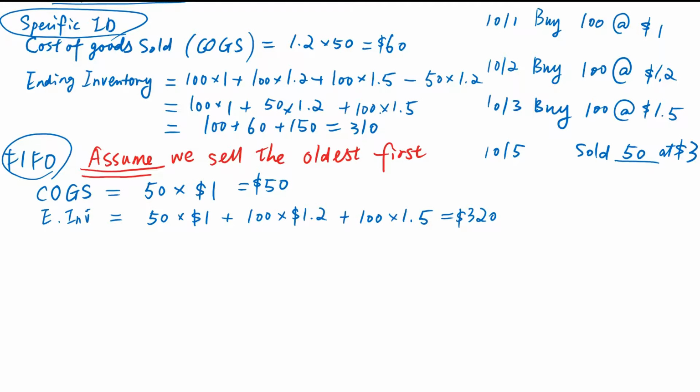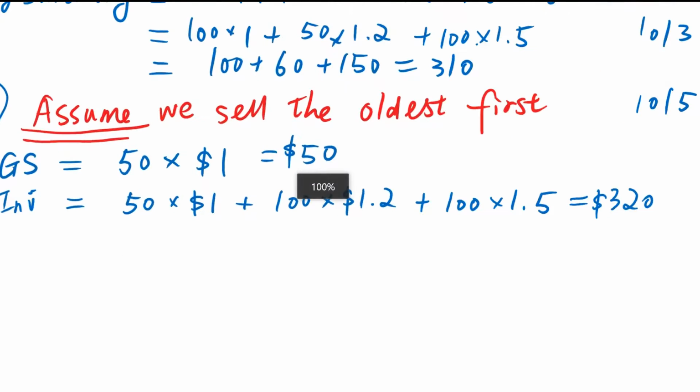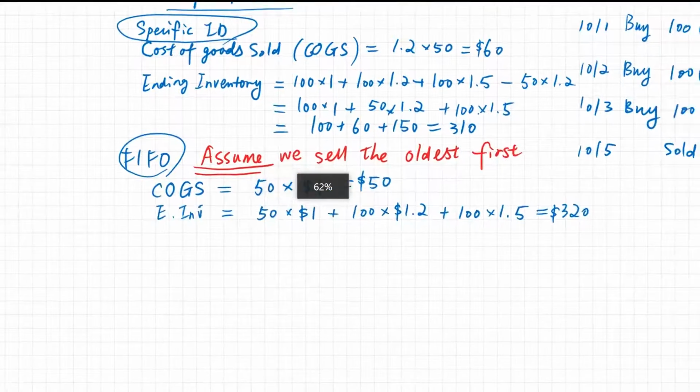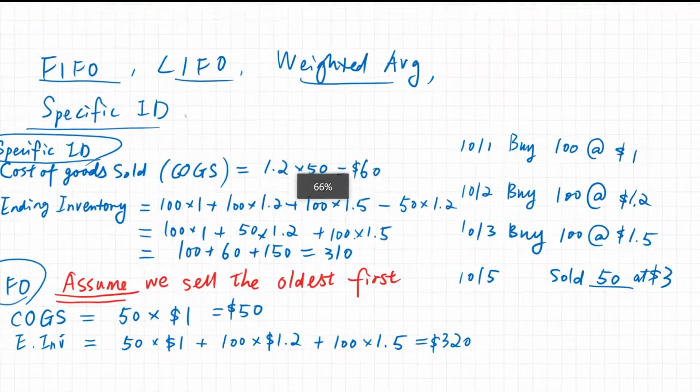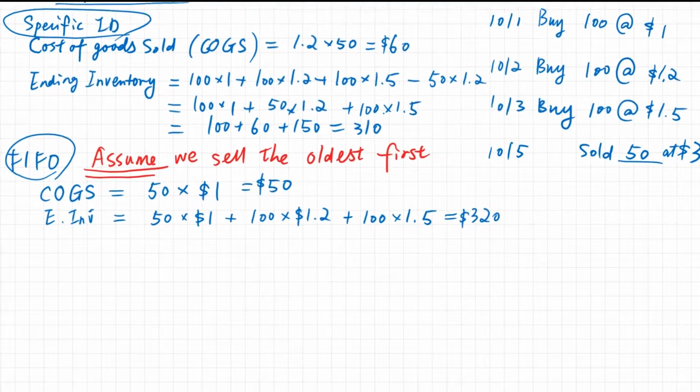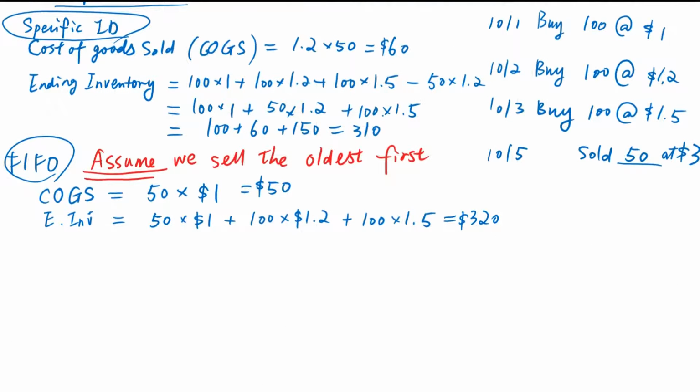And that is fine, right? As long as we pick a method and we stick to it over the years. So if we pick another method called LIFO, LIFO is the opposite of FIFO. LIFO assumes that we sell the newest first.